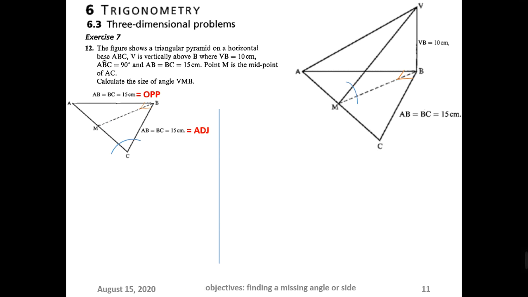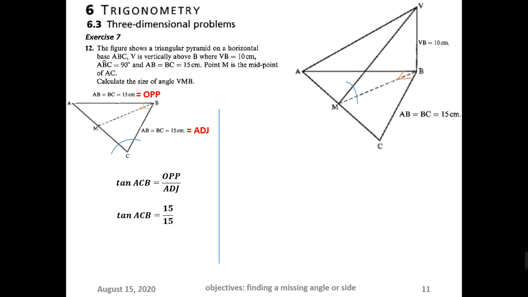Since the opposite and the adjacent of the unknown angle are given to us, we must use the tan rule. Tan of angle ACB is equal to opposite over adjacent. Let's substitute in this formula: tan of ACB is equal to 15 over 15, which is equal to 1.